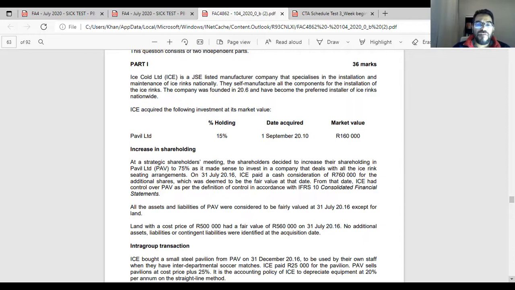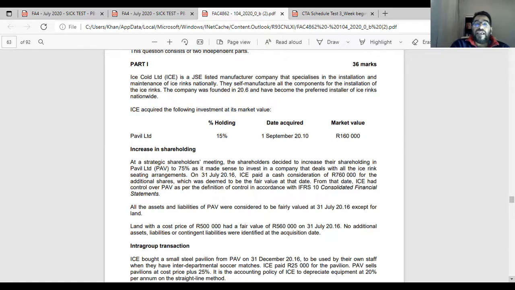Ice acquired the following investment at its market value. So I don't know how to pronounce that, Pavel, whatever, holding. There's a 15% holding, acquired 1 September 2020, market value 160,000 Rand. What's important, you are doing IFRS 9 CTA.